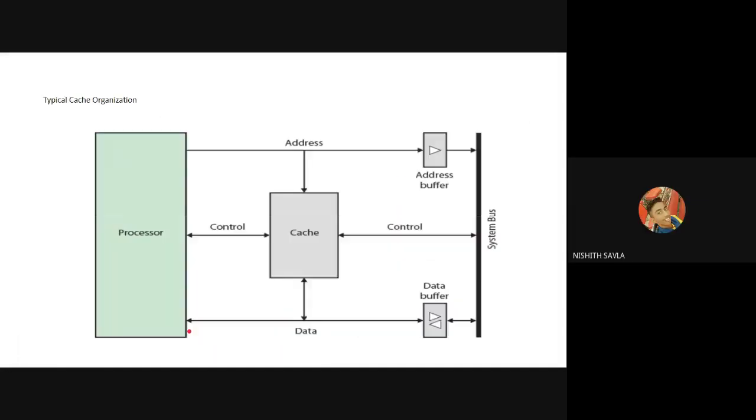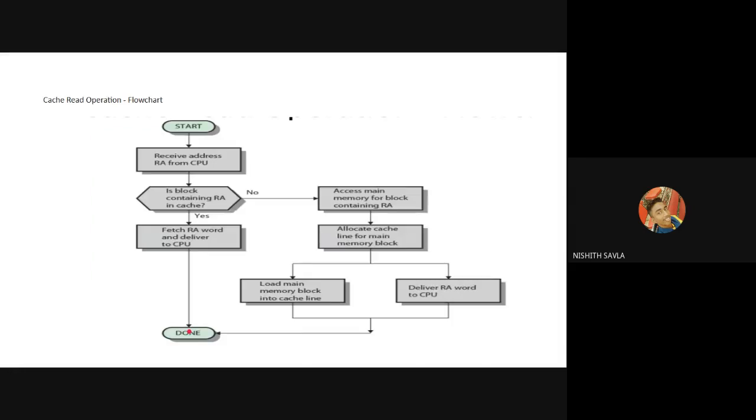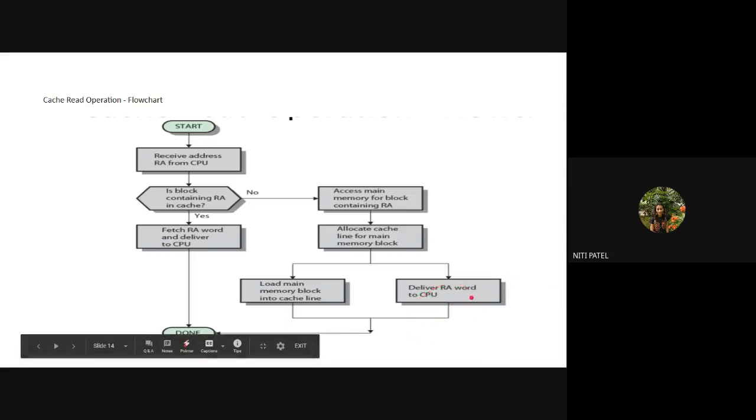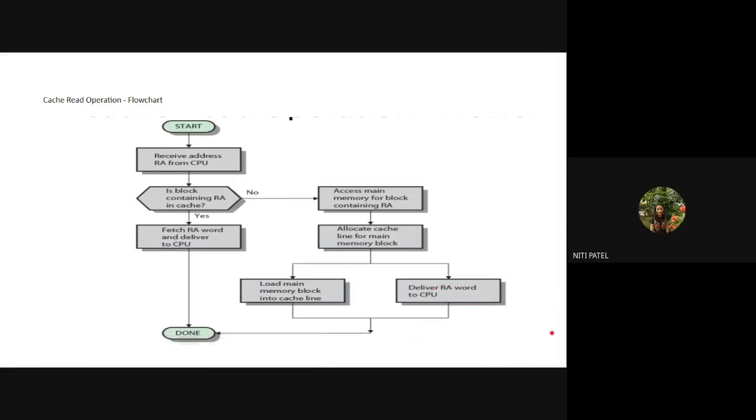Okay. What is RA? Hello, Nishid, I could not hear you. Ma'am, RA is to deliver the required word from the register. Choose a particular word of data from the required register, give it to the CPU, and then complete the instruction.